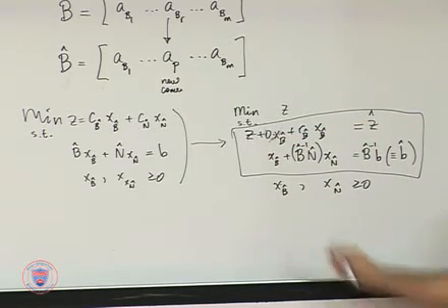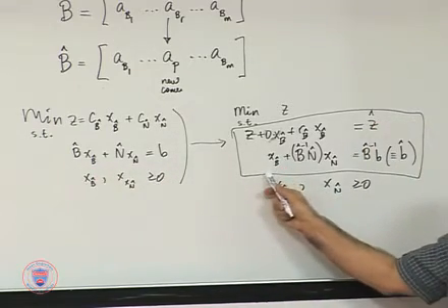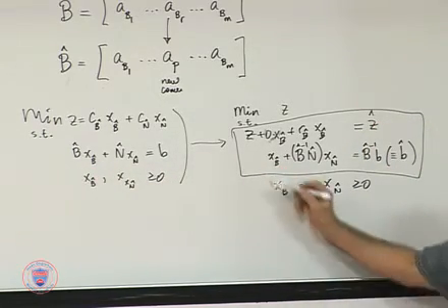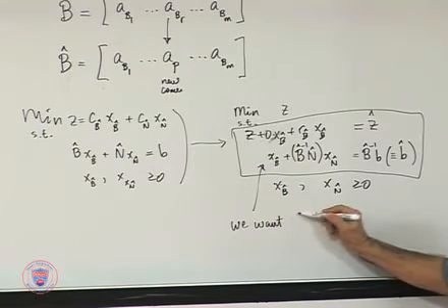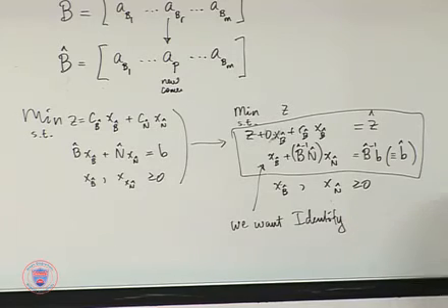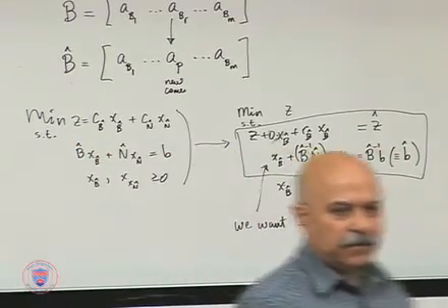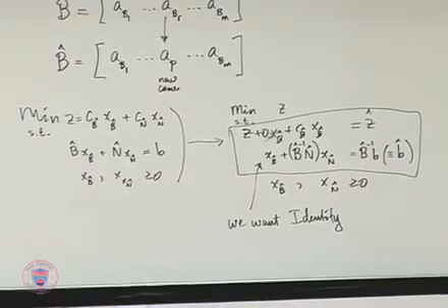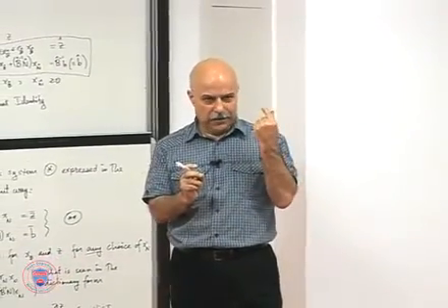Which means that rather than having B cap x_B cap, you want the identity here. We want the identity for the new set of basic variables. Now, in the old system, we already had the identity, except that it was for a different set of basic variables. Now, the basic set of variables is changed by only one.